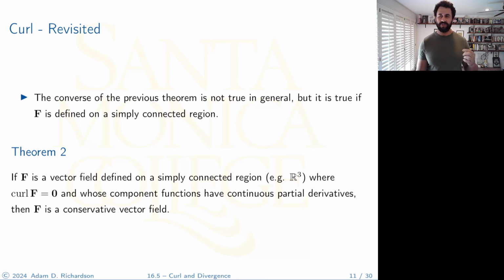That's what it is. So it's not too much of an ask to get a conservative vector field. You just need to be looking at a simply connected region, and you need the curl of F to be 0. And then you need these component functions to be continuous. And so, I'm sorry, the partial derivatives have to be continuous, and that will give you a conservative vector field.